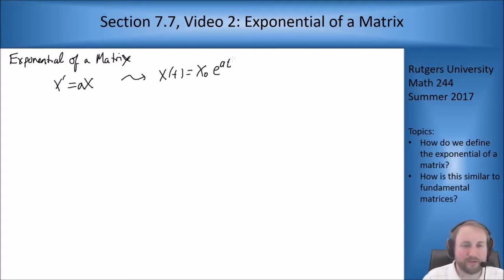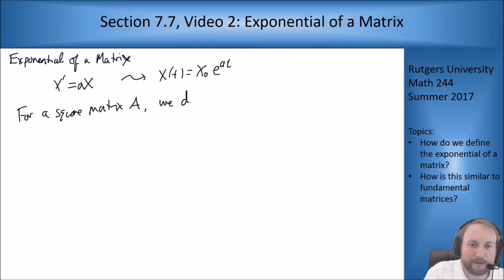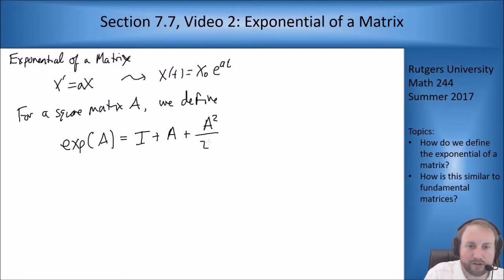Now we want to do the same type of thing for matrices, but for matrices we don't have this e function well defined. But what we can do is use the power series and try to build things up from there. So for a square matrix A, we define the exponential of A to be this matrix: the identity, plus A, plus A squared over 2, plus A cubed over 3 factorial, plus A to the n over n factorial, plus and so on.